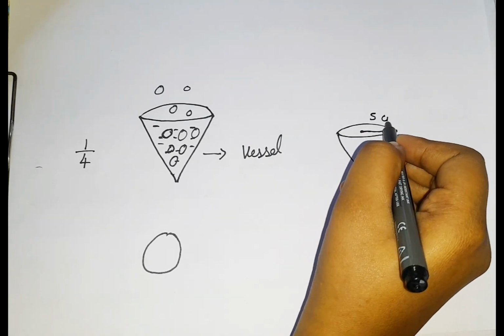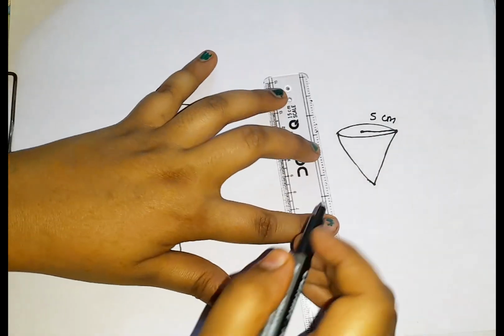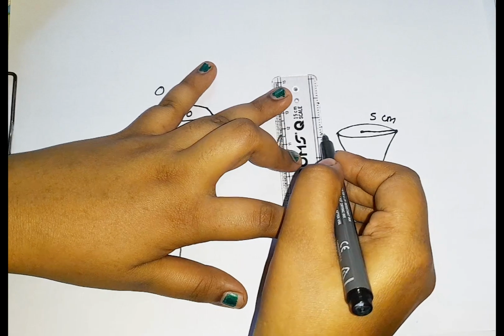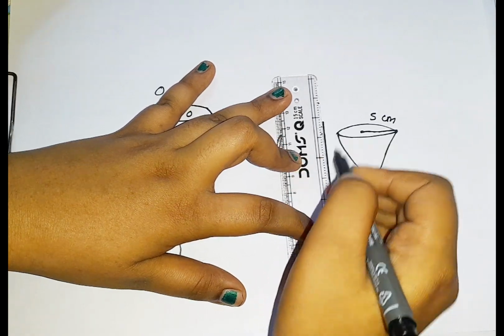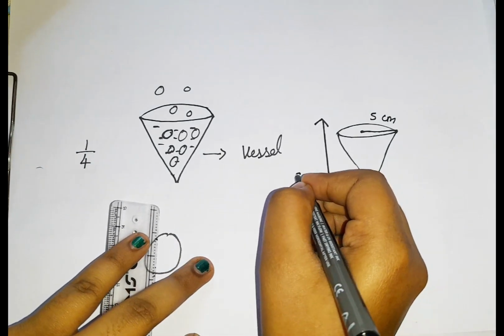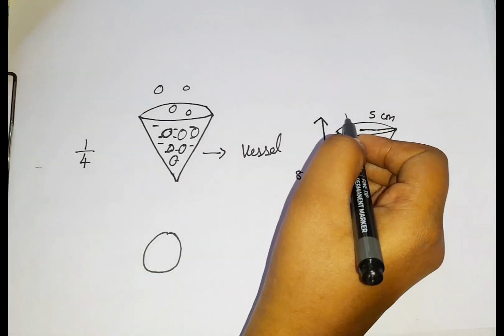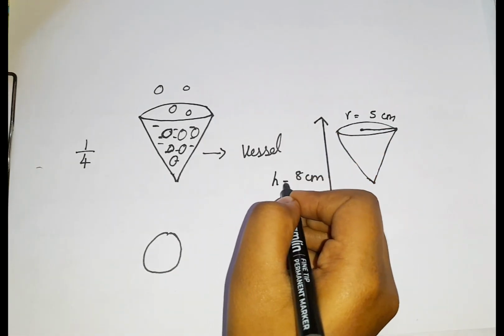And the height is 8 centimeter. These are the values for the cone. So now we know the radius is 5 centimeter, height is 8 centimeter.